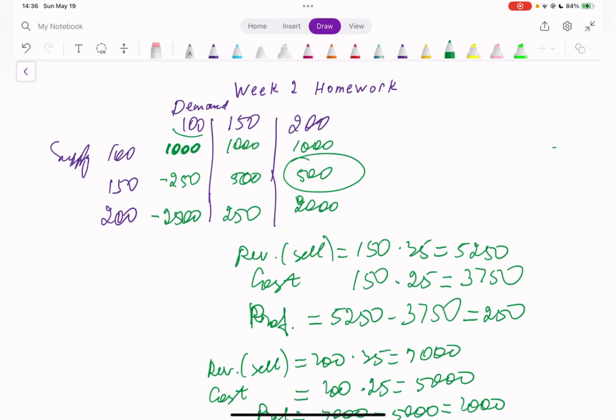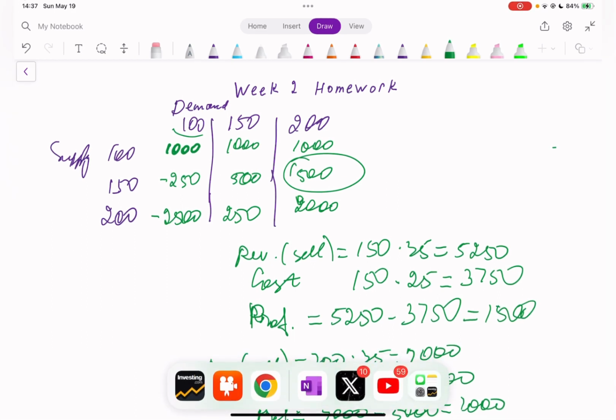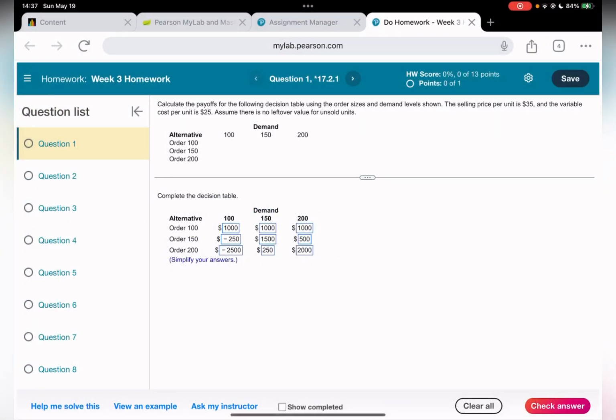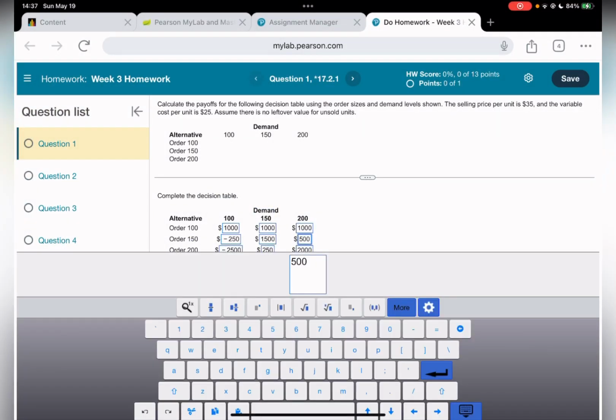Yeah, so 5,250 minus 3,750, and it's going to be 1,500. This one. Let me go back. It's going to be 1,500 here. Let's check a second time.